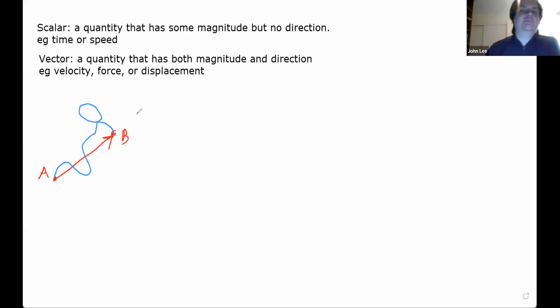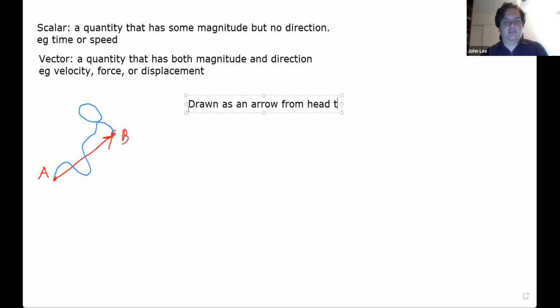And then another thing to note about vectors, they're drawn as an arrow from tail to head.